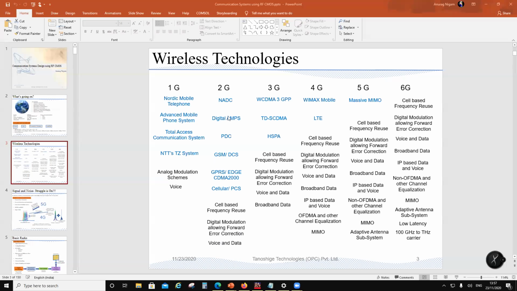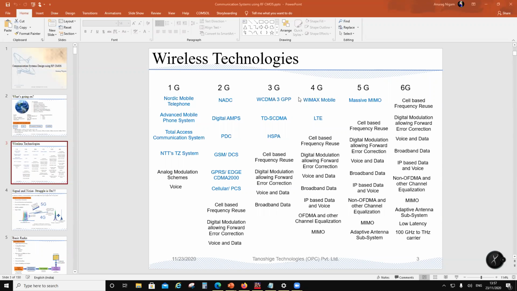All this was developed in 2G systems, and this supported voice and data. In 3G, the major dominance was not on voice but on data and broadband communication. So we were combining 3 channels, adding some additional scrambling to it, and calling it 3G, and it allowed a larger data throughput rate.